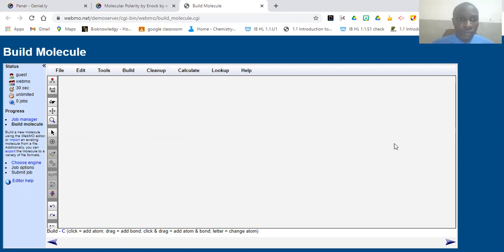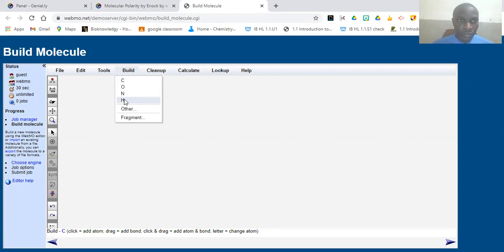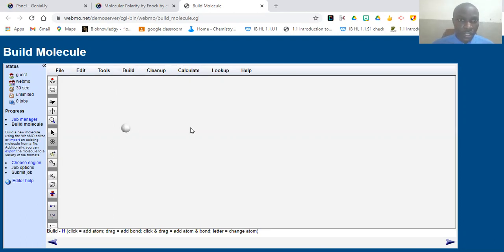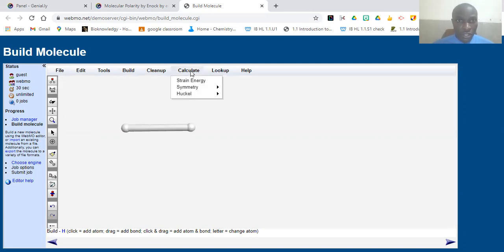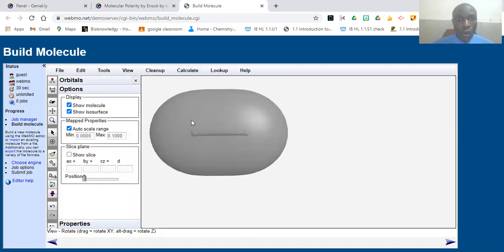I will build some simple molecules. Let's start from the simplest. Let's start with hydrogen gas, and we look at how the electron density or the charge is distributed. I'll build hydrogen gas. So this is hydrogen, this is hydrogen. Let me put a bond in between. And let's try to find out the charge distribution, the electron density. When you look at hydrogen, the electron density is uniformly distributed.